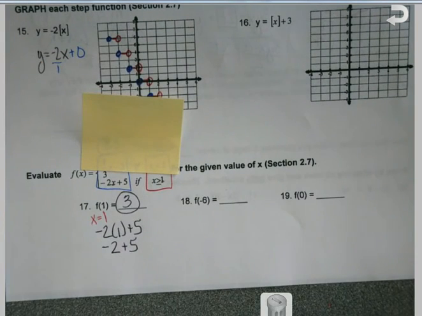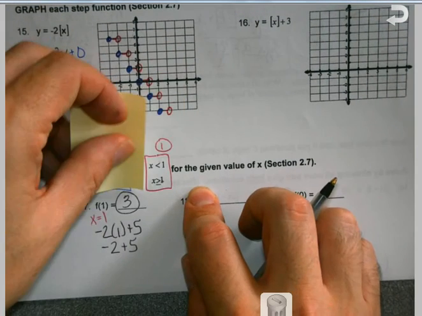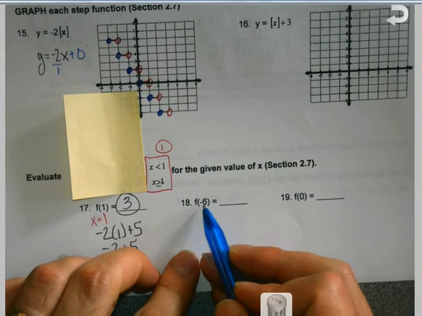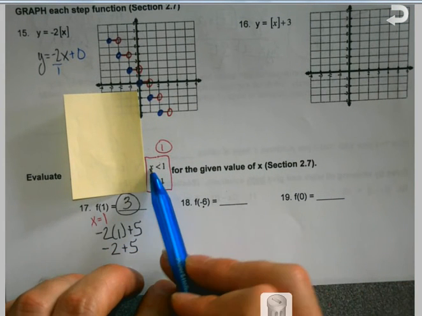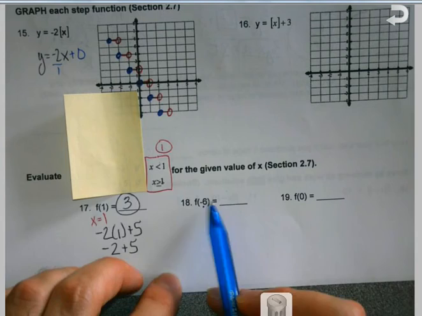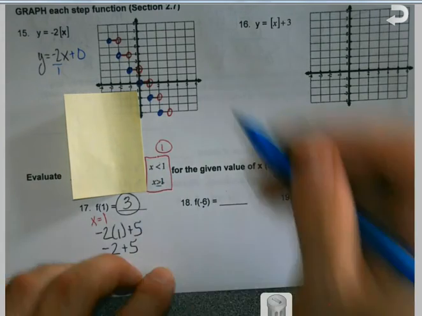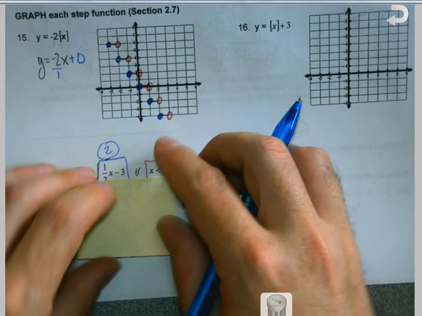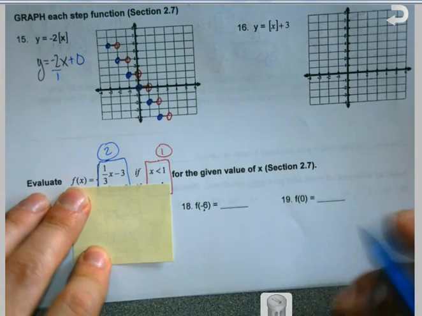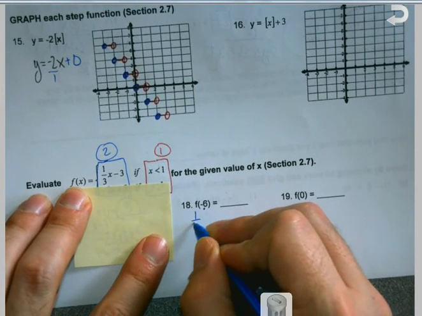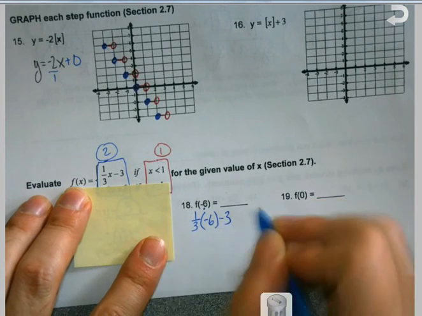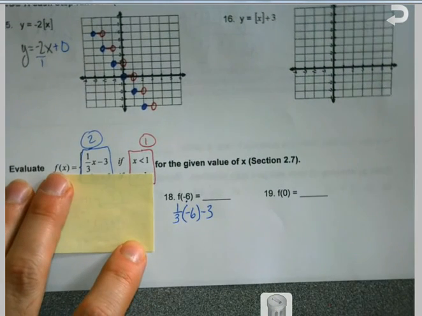And that's the same process I'm going to run through on every one of these. I'm like, okay, negative 6 fits into the top one for 18, because negative 6 is less than 1. So we're using the top one. So 1/3 of negative 6 minus 3.